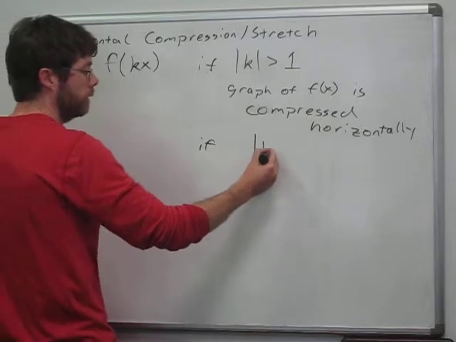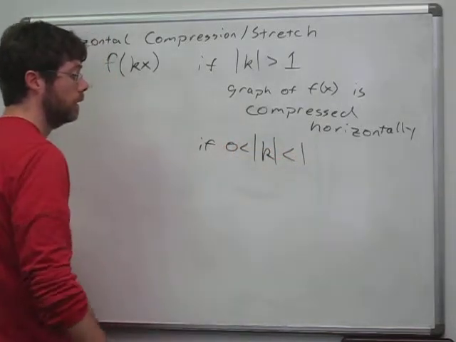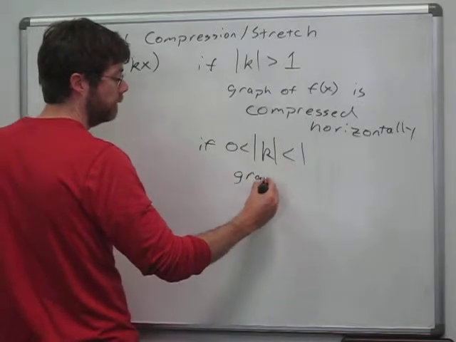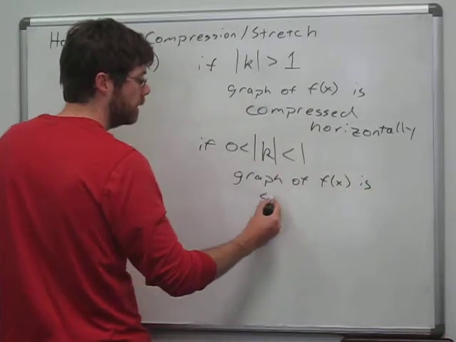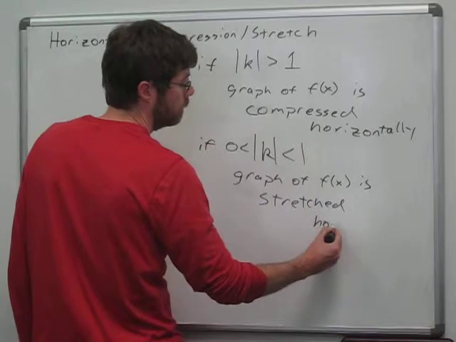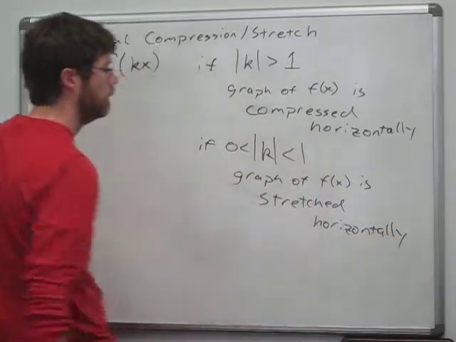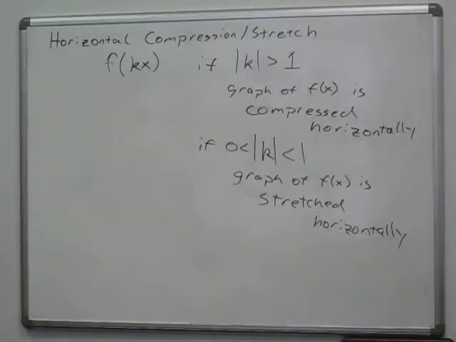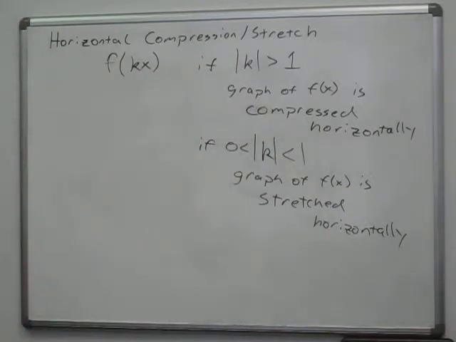If the absolute value of k falls between 1 and 0, then the graph of f of x is stretched horizontally. So this is the general rule for the graph of any function. And we saw the application of this one in that sine graph example that we just looked at.